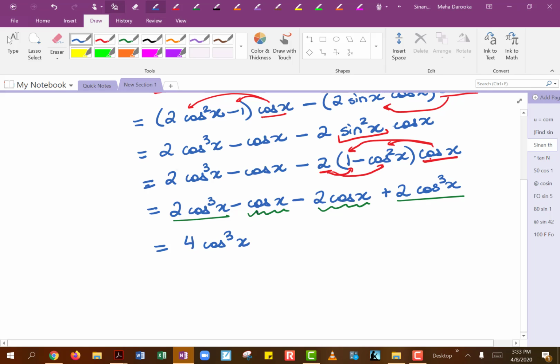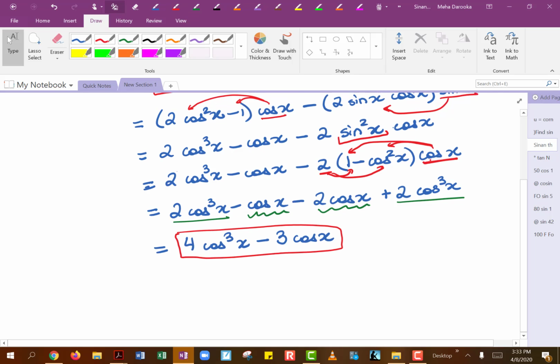And then minus cosine of x minus 2 cosine of x will of course become minus 3 cosine of x. So this is what they wanted, our function to be only in terms of cosine of x. Now this 4 cosine cubed of x just tells you cosine of x is raised to the third power, but it is still in terms of cosine of x. So this is what they wanted us to do.